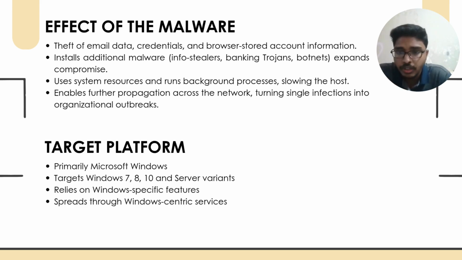Now the effects: it steals emails, passwords, and account info, then installs more malware and forms botnets, and also slows systems and spreads across networks. The target platform is mainly Microsoft Windows, mostly 7, 8, 10 or Server. It also uses Office macros, PowerShell, and Outlook for spreading.